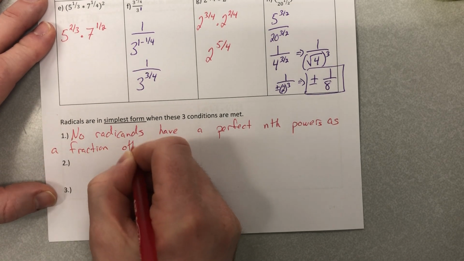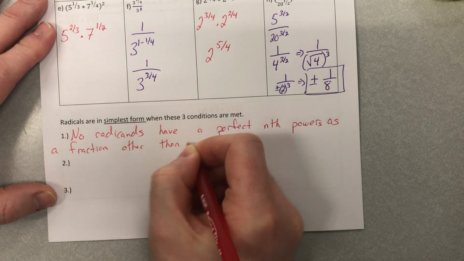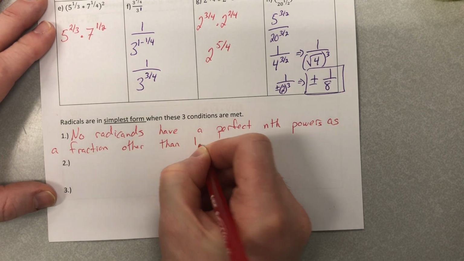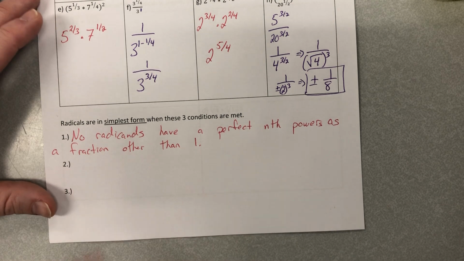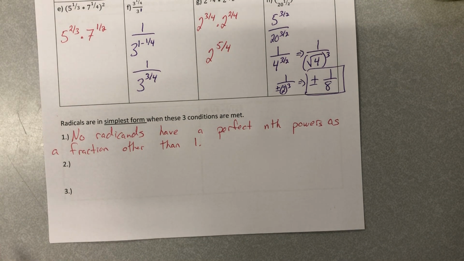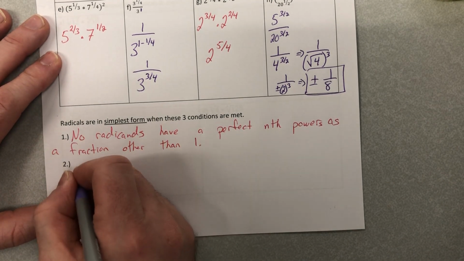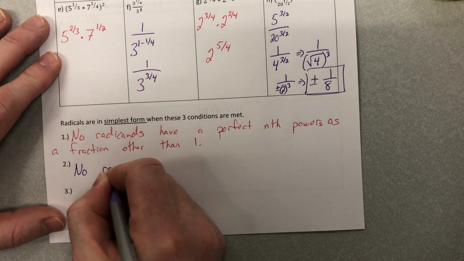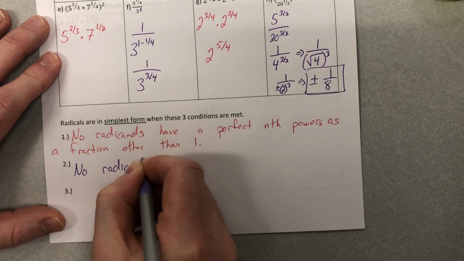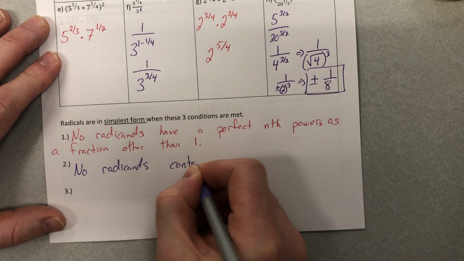Basically, a radicand is what's inside of the radical. The radical symbol, what's inside, is the radicand. So we basically can't have a fraction that we can't rationalize the denominator with. The second one is no radicands contain fractions.